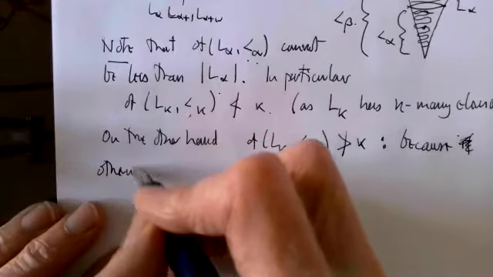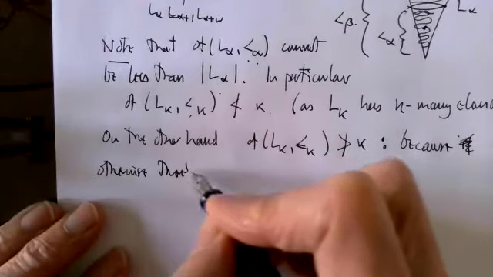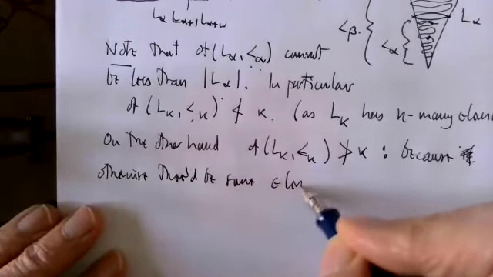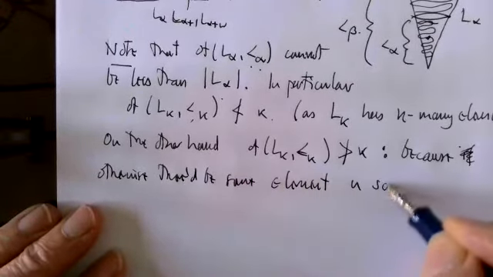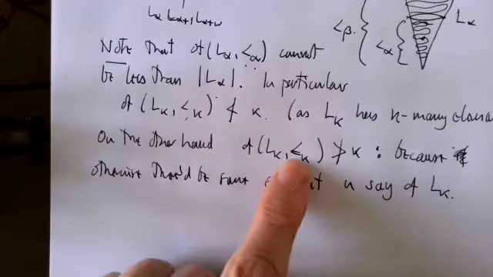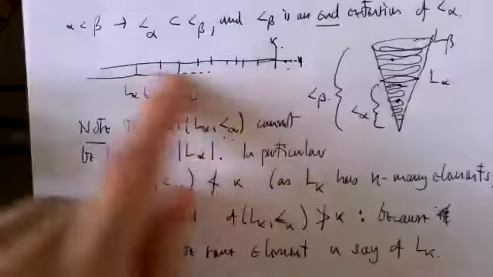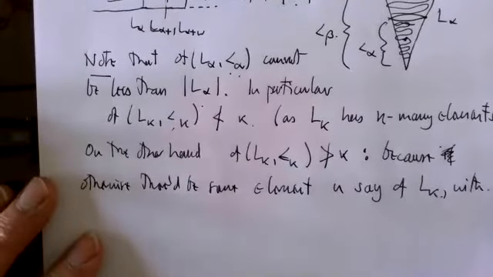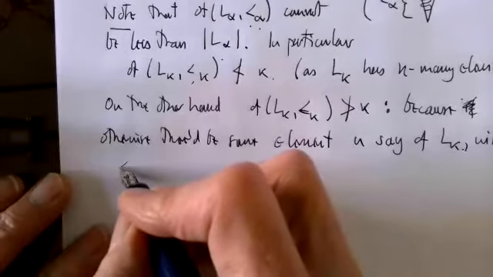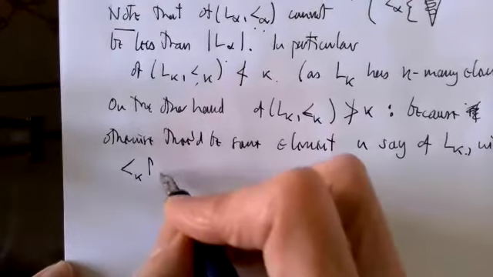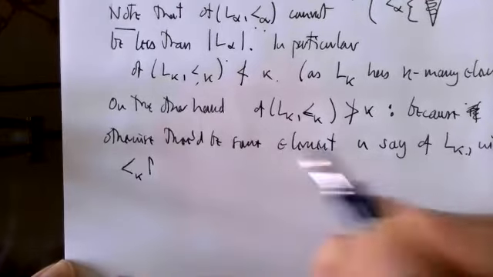So there's some element of L kappa, U say, which would be the kappath element in this well ordering. I could look at the ordering on L kappa and restrict it to the elements that come before U.